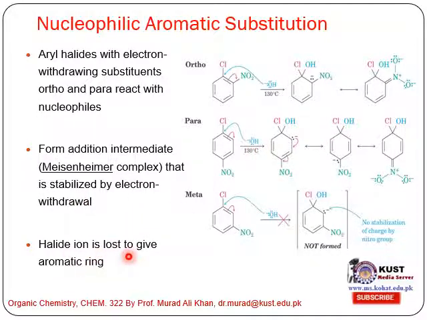And the halide ion is lost to give the aromatic ring. When the electron withdrawing groups are on the meta position, there is no stabilization of charge by the nitro group, and the reaction is not possible.